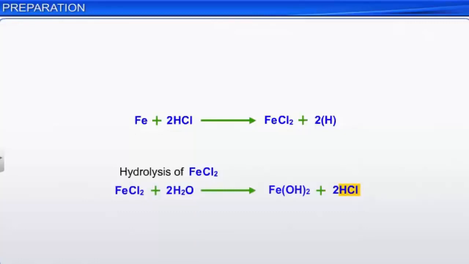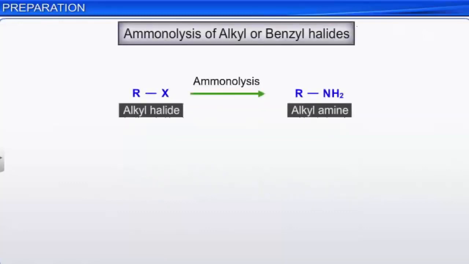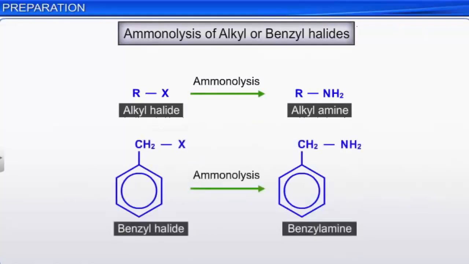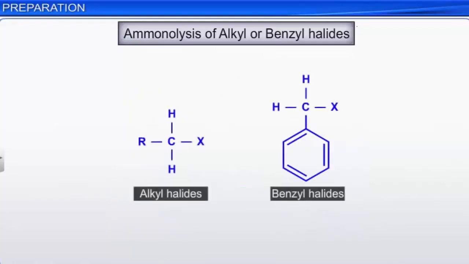Thus, only a small amount of hydrochloric acid is required to initiate the reaction. Amines can also be prepared by the ammonolysis of alkyl or benzyl halides. In this method, the carbon-halogen bond in alkyl or benzyl halides is cleaved by the nucleophile ammonia.